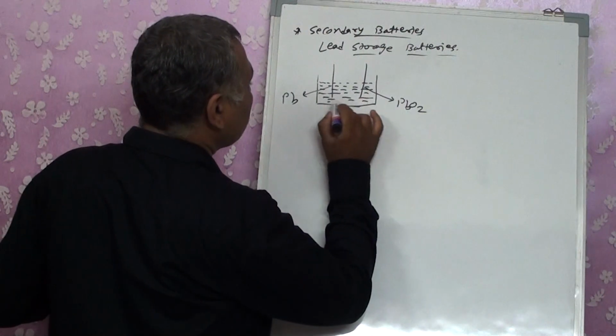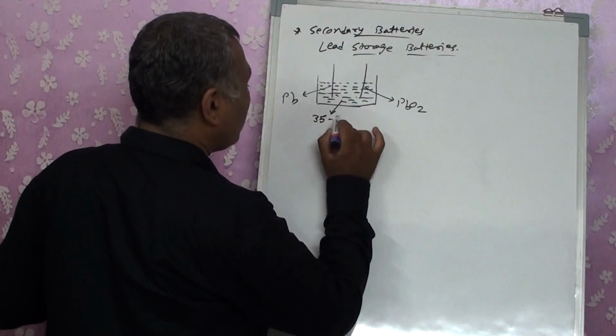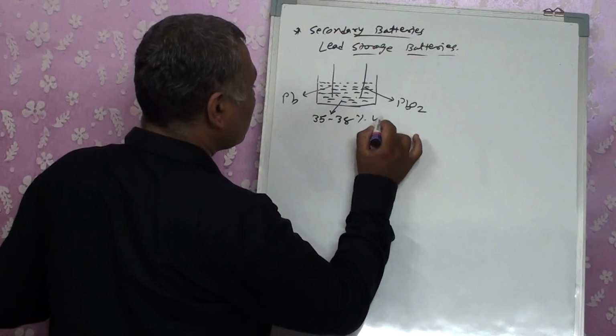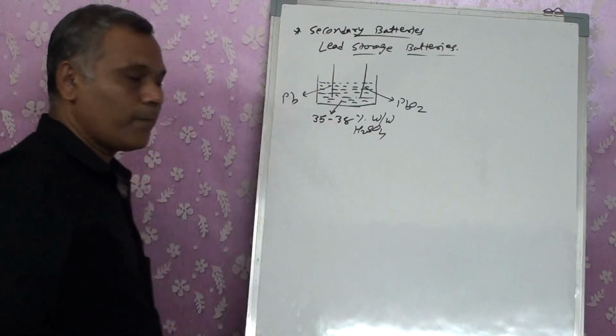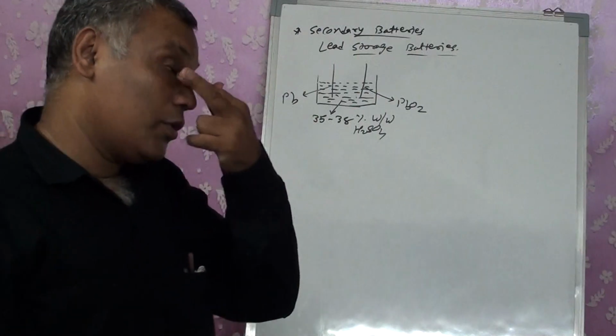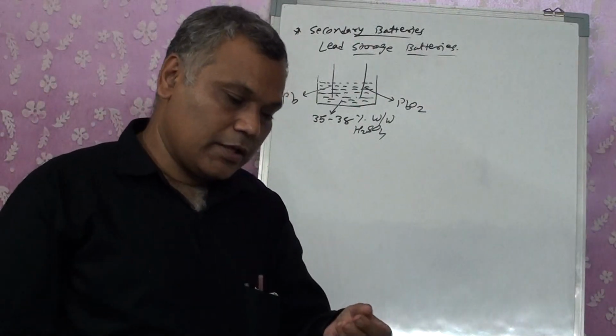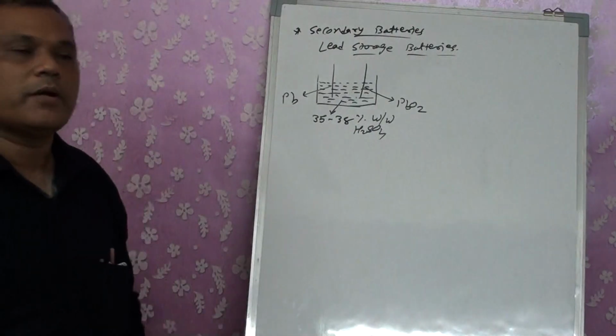That means it is containing 35 to 38% w/w H2SO4. In certain books it is indicated as 35% w/w, in some books as 38%. Particularly in your textbook you will have it as 38% w/w.